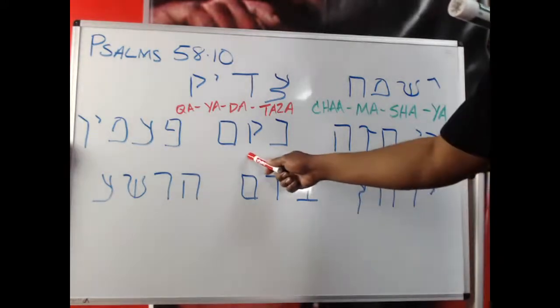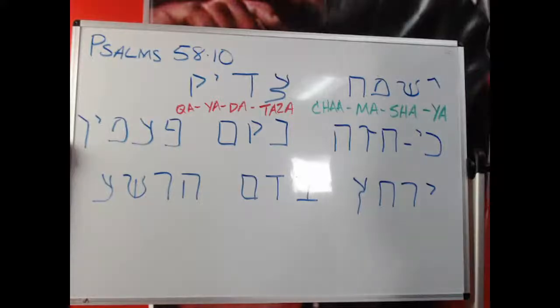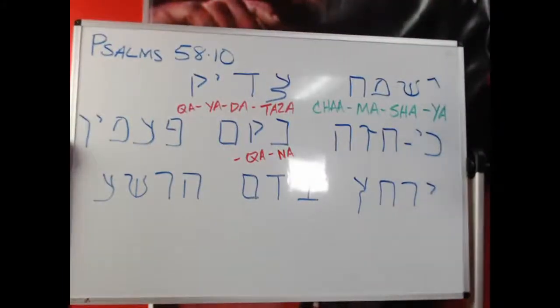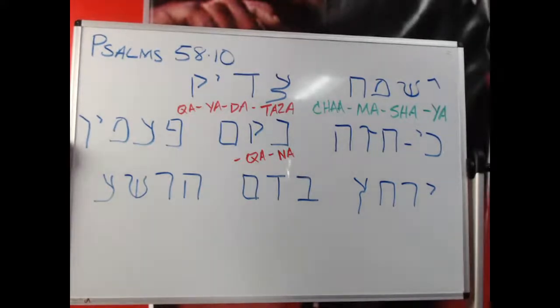What else do I have? Okay, and what's that last one? What's that last syllable? Okay, remember now, we are in this Assyrian Hebrew, and we do have some syllables that change. Come on. What's another one?